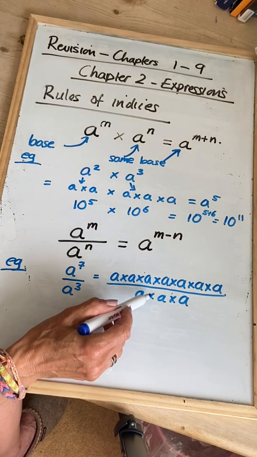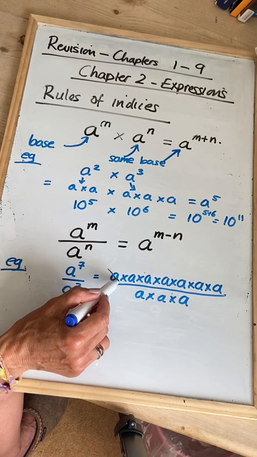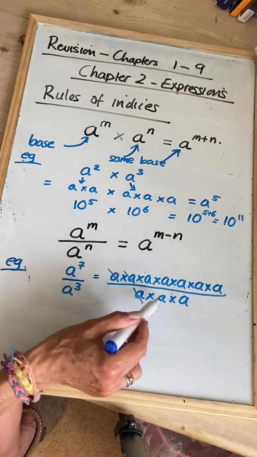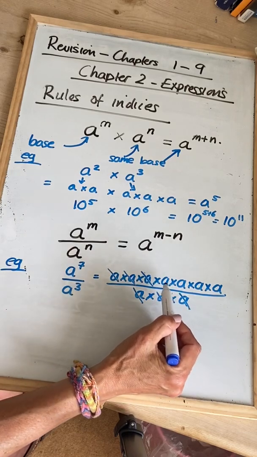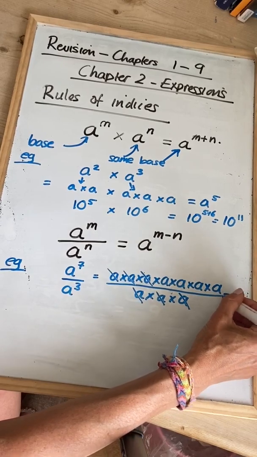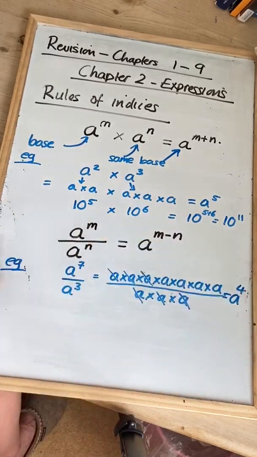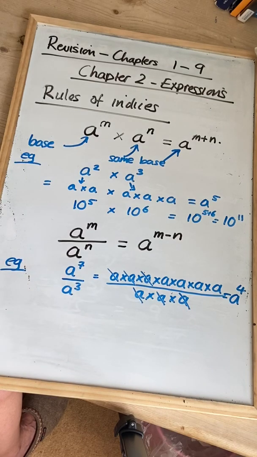Because they're multiplied together, we can cancel out one from the top with one from the bottom, three times. What are we left with? We're left with 4 a's, which is a to the 4. A to the 4 is 7 minus 3.